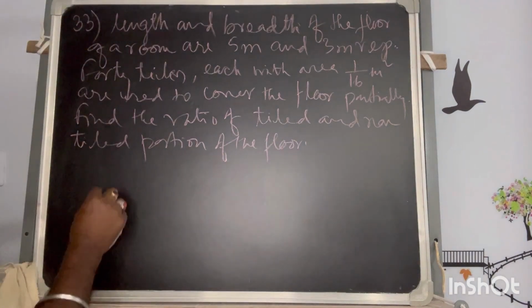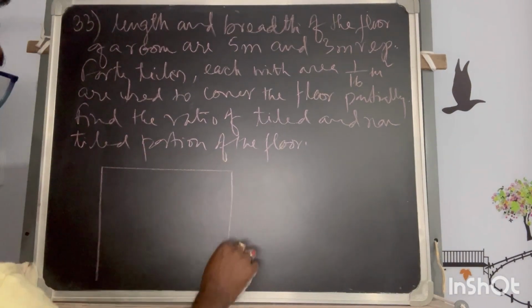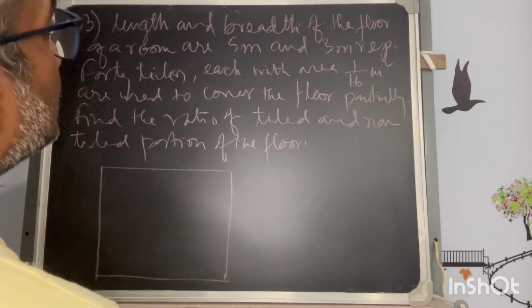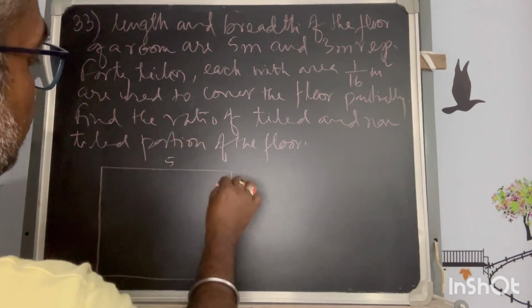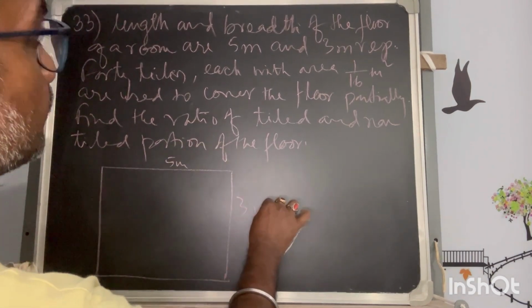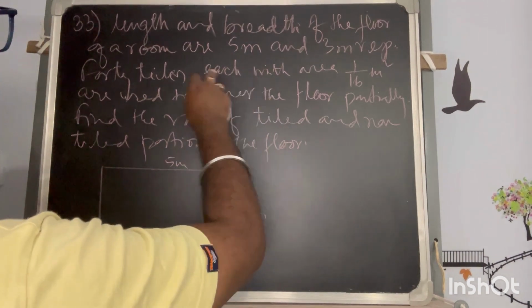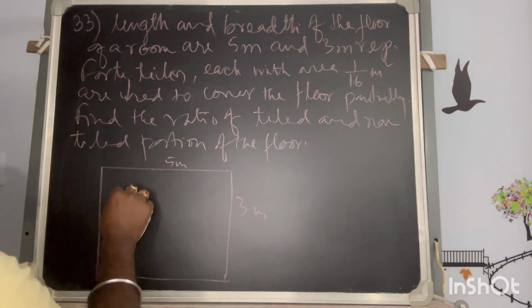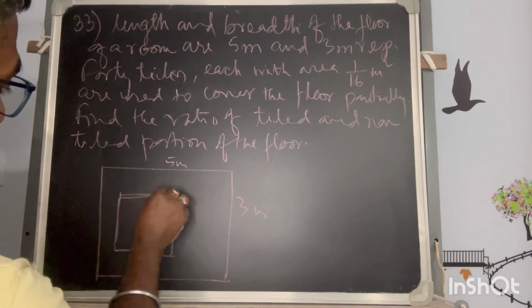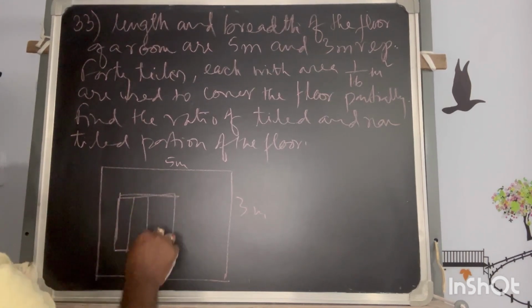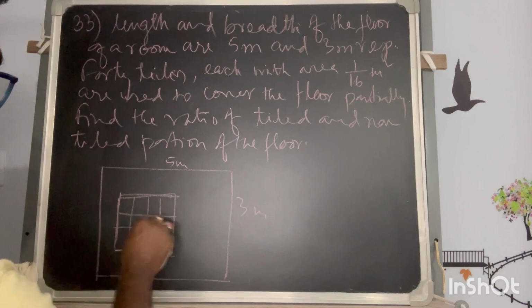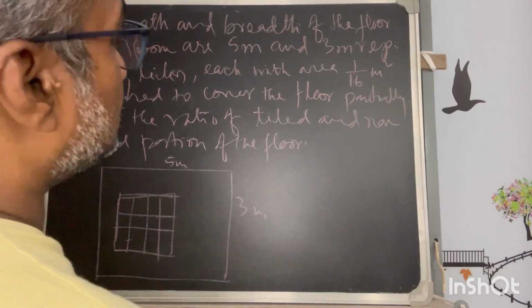So there must be some area on the floor which is 5 meter cross 3 meter. Out of which some area is being covered with tiles, and the rest of it is not covered.